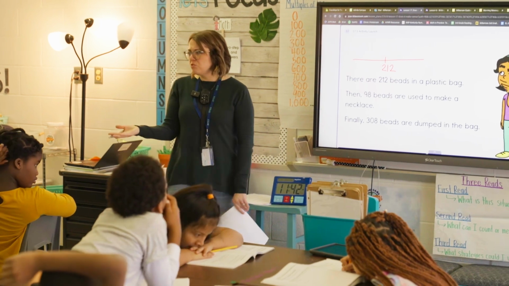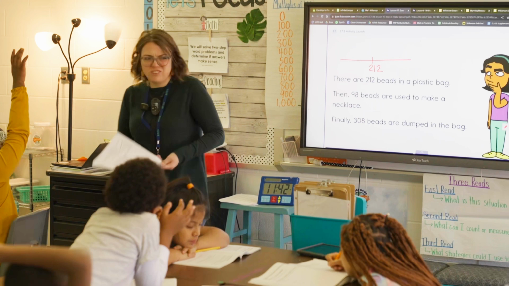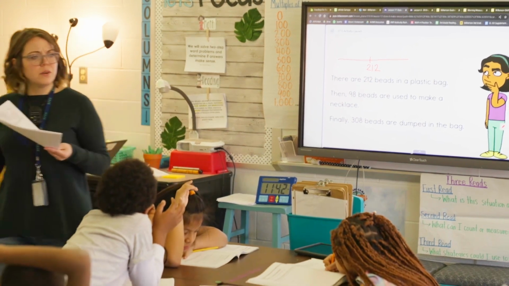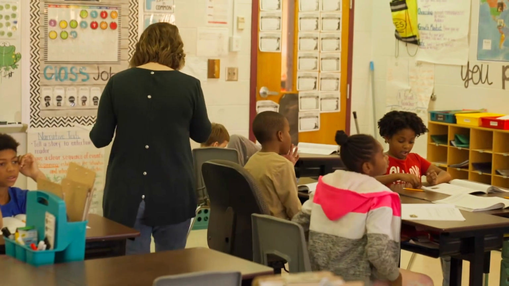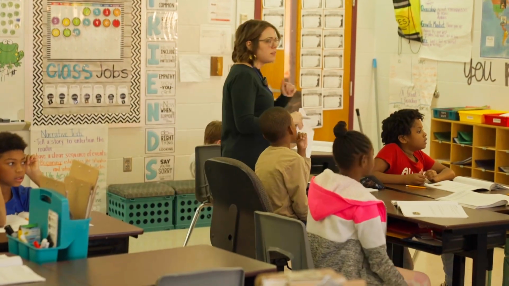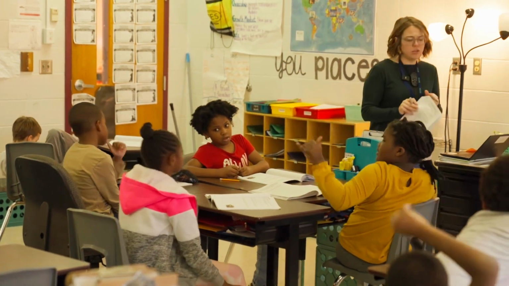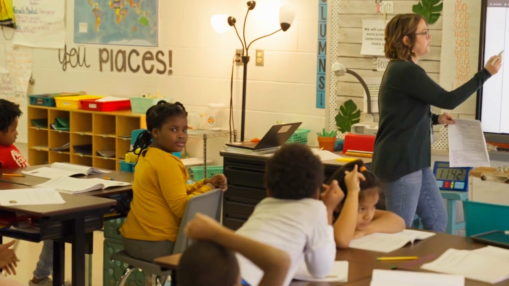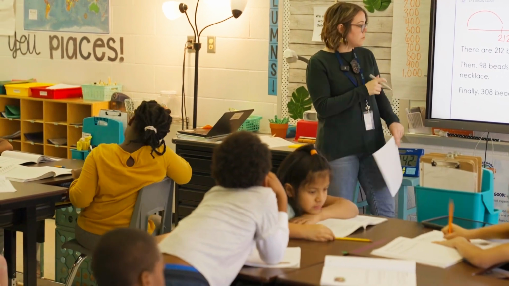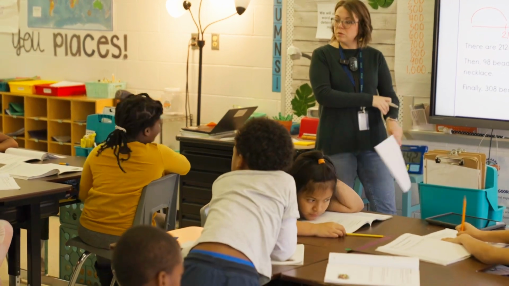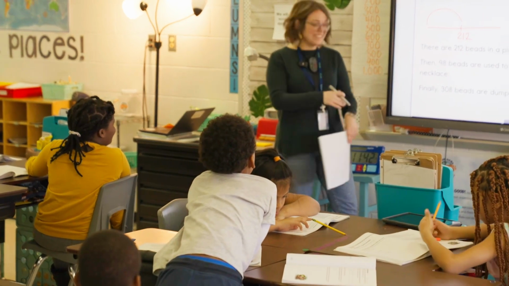Right, and if they're used, what operation do you think we need to do? Addition, subtraction, multiplication, division? Which one? Amaya, what do you think we need to do? Okay, what do you all think? She says we need to take away that 98. Agree or disagree? Tell me how you know. Because she said she had 300 and she dumped some out of the bag.